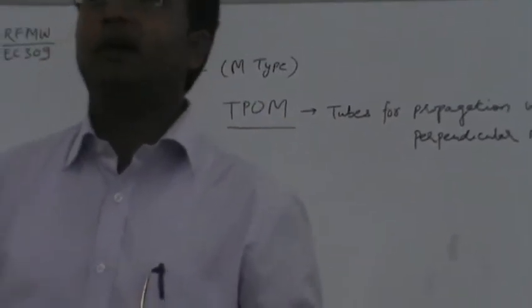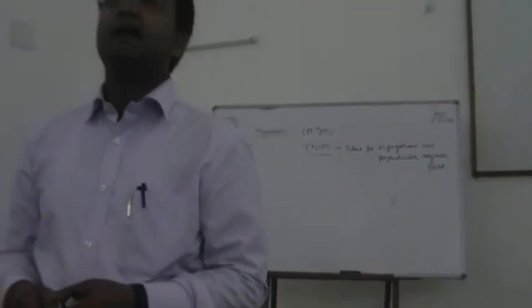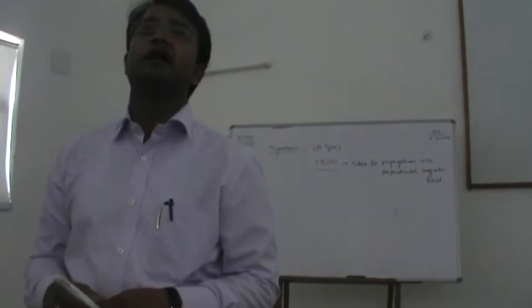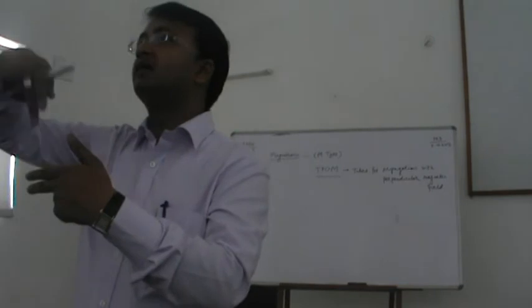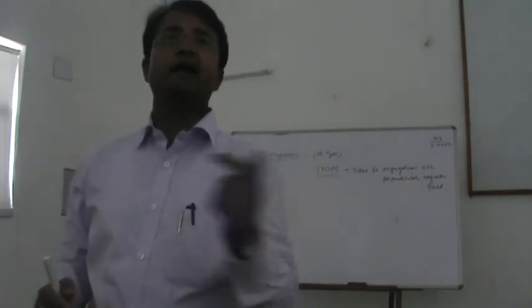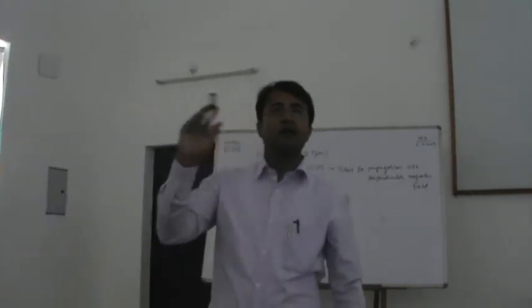Tubes which are used for propagation and have a perpendicular magnetic field are also called cross field devices. Cross fields, because there is an electric field, and perpendicular to this there is a magnetic field in the electron beam that will change the electron trajectory.